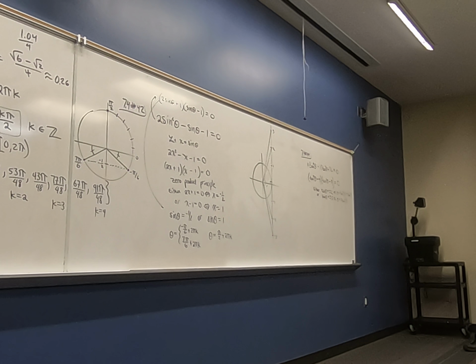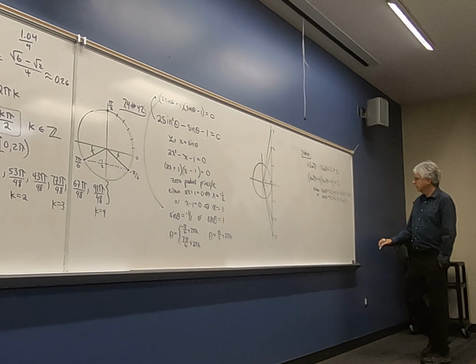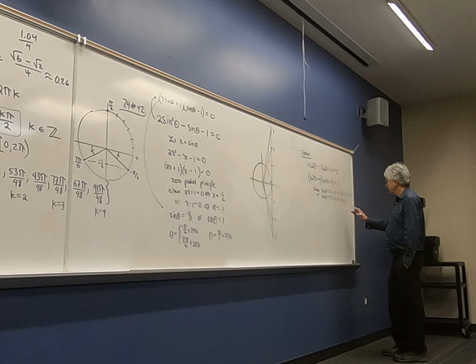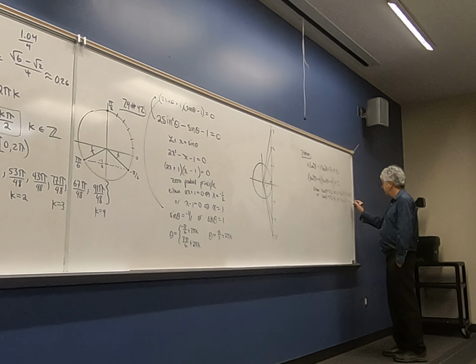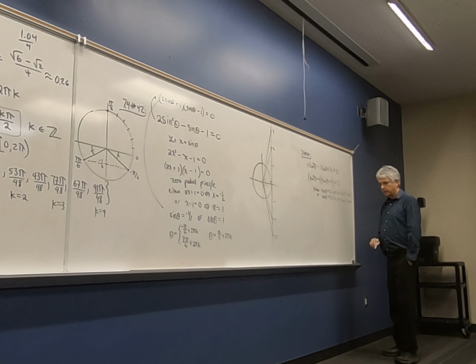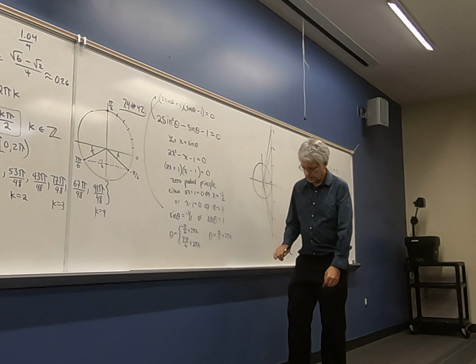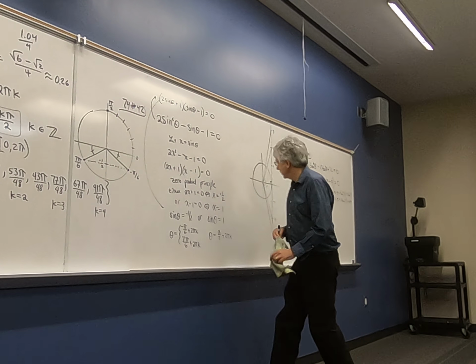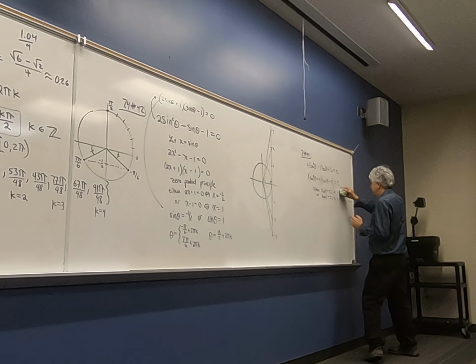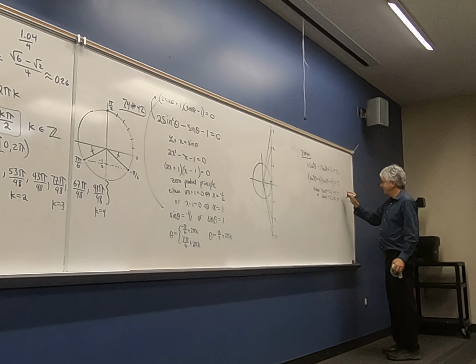Or what? Any multiple of pi plus those, right? So, I'll tell you what, I'm going to say plus k pi here. And for the other ones, I'm going to erase this and put in plus or minus.